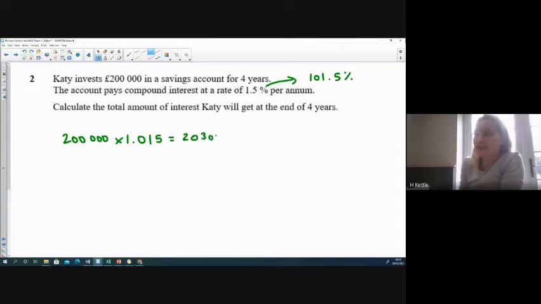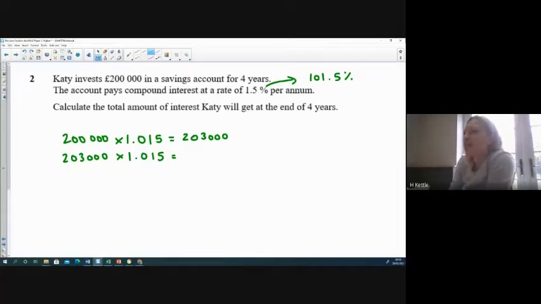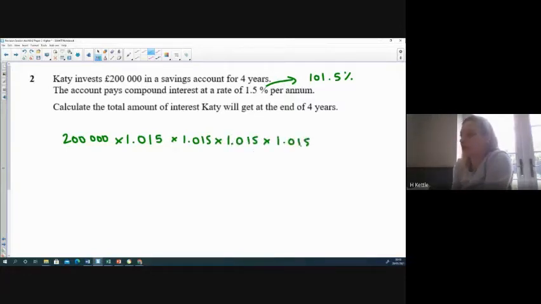What we then have to do is say, right, at the start of the second year, I've got 203,000 and I'm going to need to times that by 1.015 and see what I get, and do it again for the third year and do it again for the fourth year. But what we're essentially doing is 200,000 times by 1.015 times by another 1.015 for the next year, times by another 1.015 for the third year, and times by another 1.015 for the fourth year.